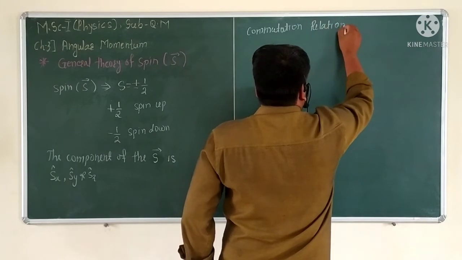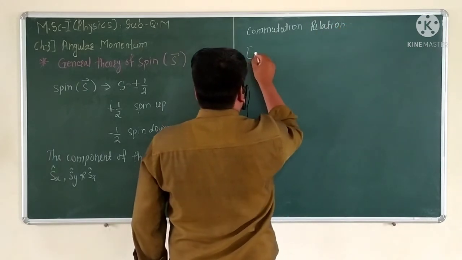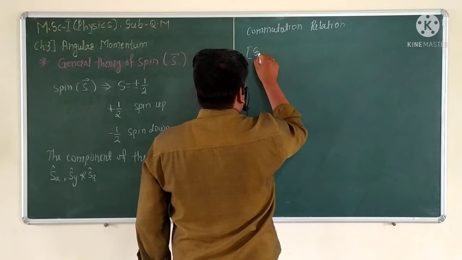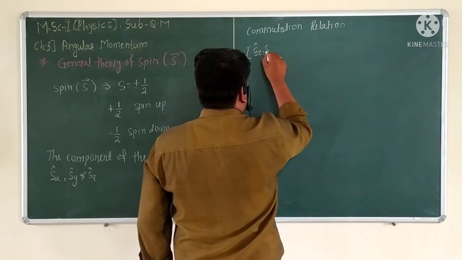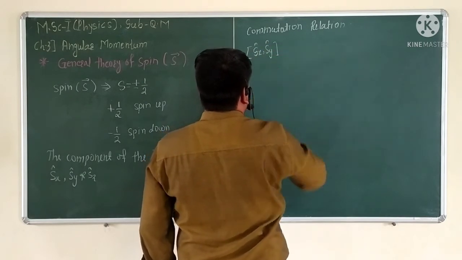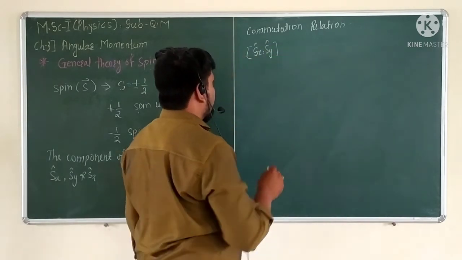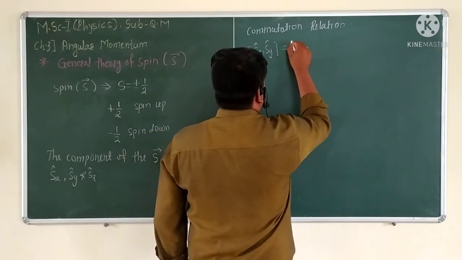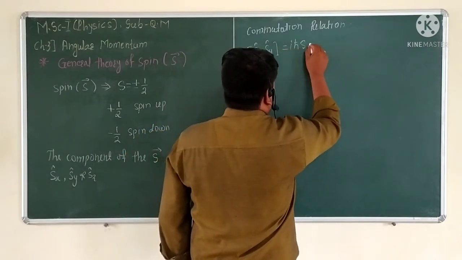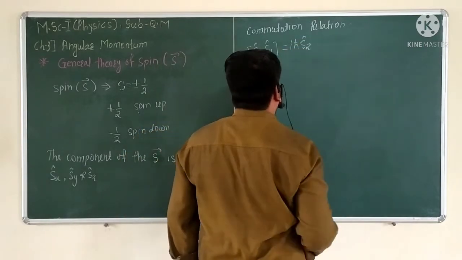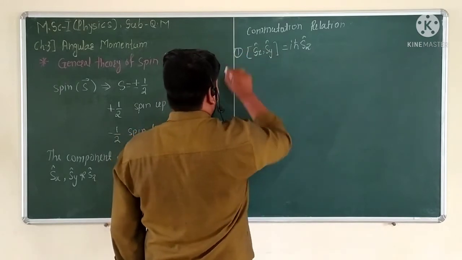For example, the first commutation relation is the commutator of Sx cap and Sy cap, which is nothing but i h cross Sz cap. So this is the first commutation relation.